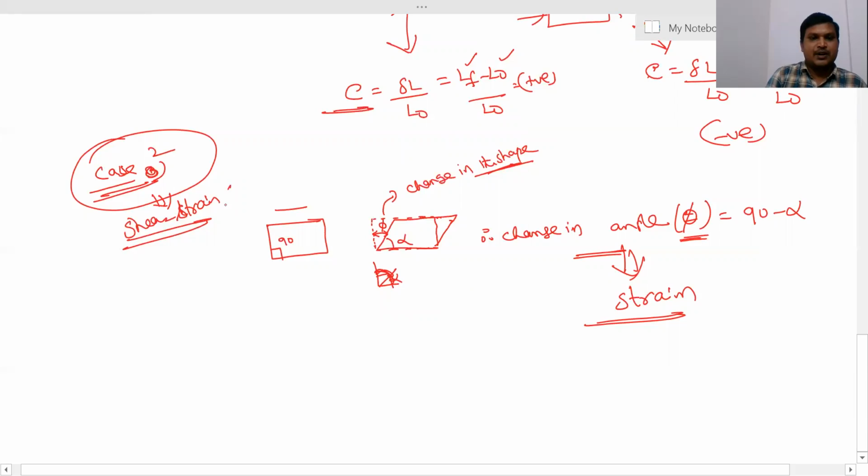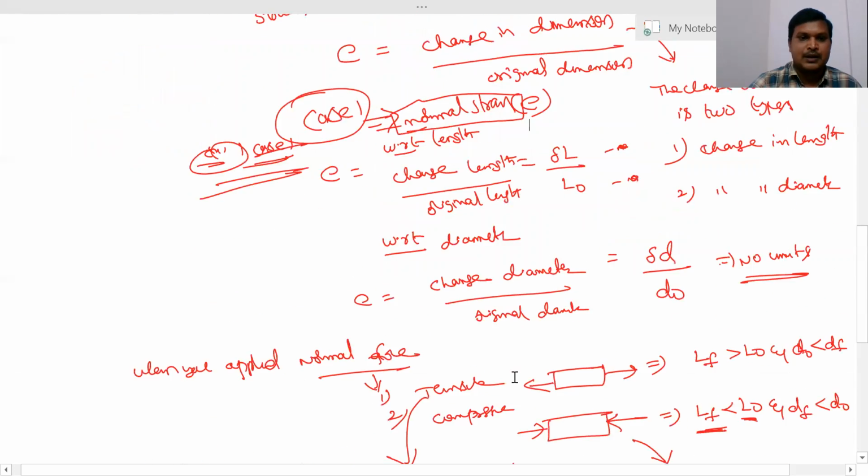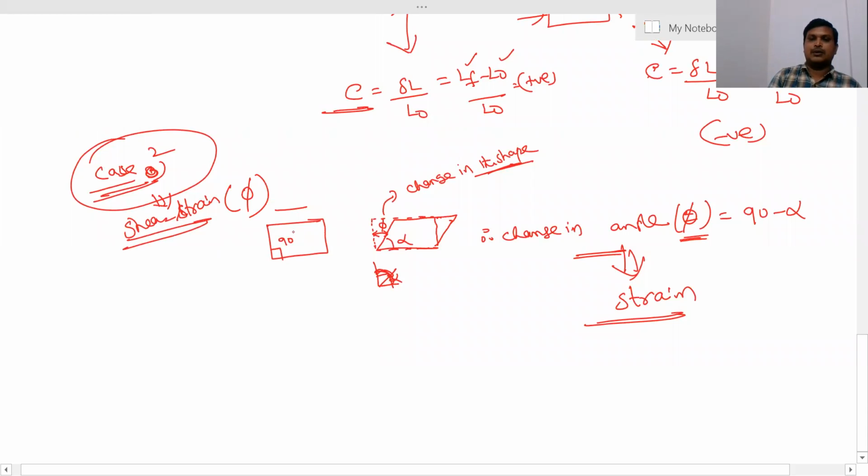The shear strain we denote as phi, and the normal strain we denote as epsilon. Is it clear? The shear strain phi can be measured in radians. How can we convert to degrees? This is some angle in degrees.